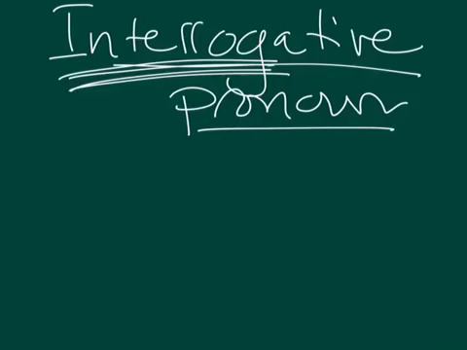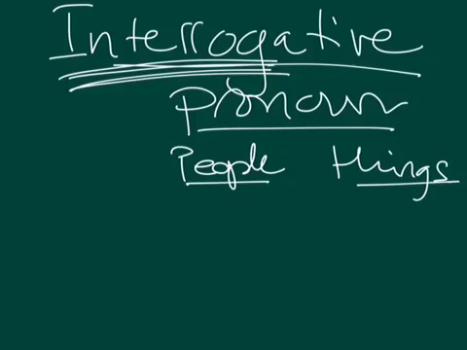For example, you can have people or things. And of course, usually can be subjective, but also objective or possessive form. If you would see it in subjective form, people, then you would say who. Who was there?